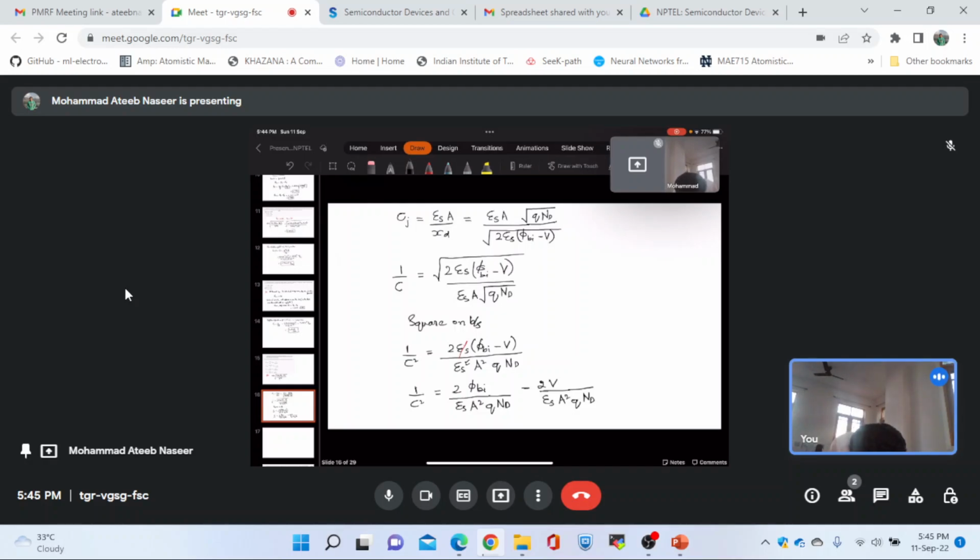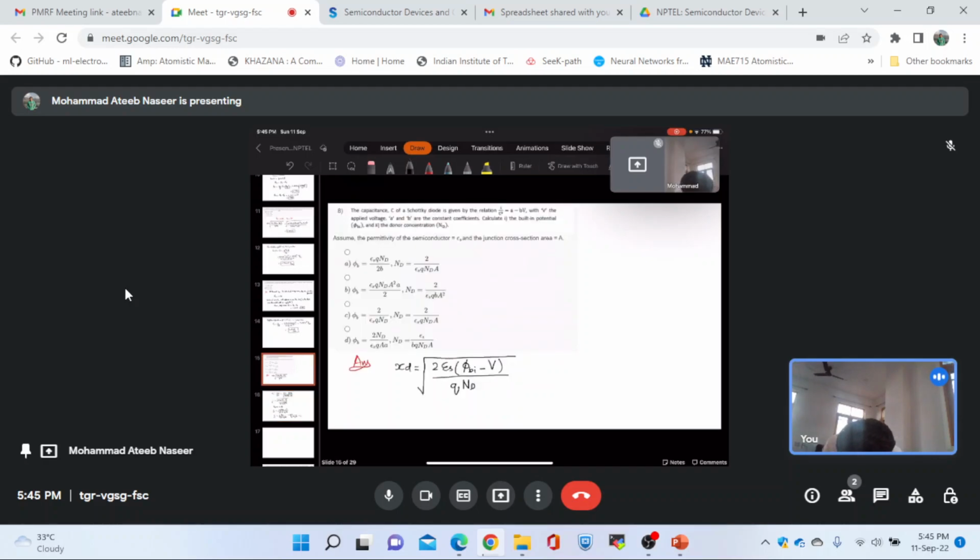Now let me denote this as equation 1 and compare it with the given expression, which is 1 by C square equal to A minus BV.